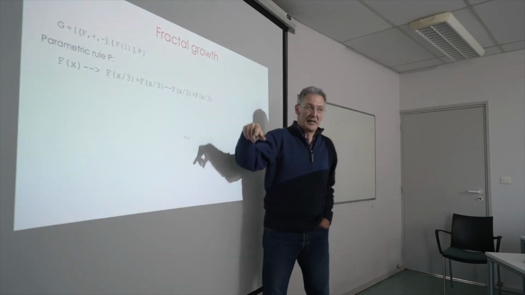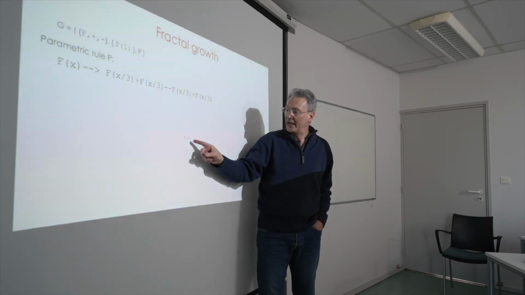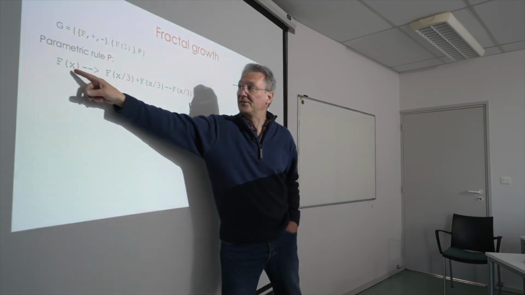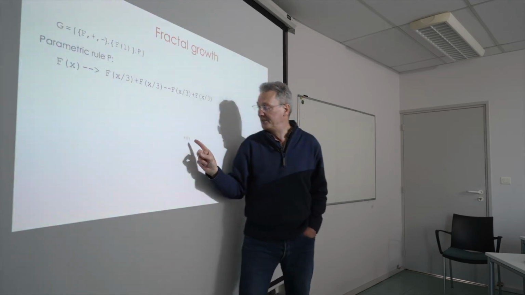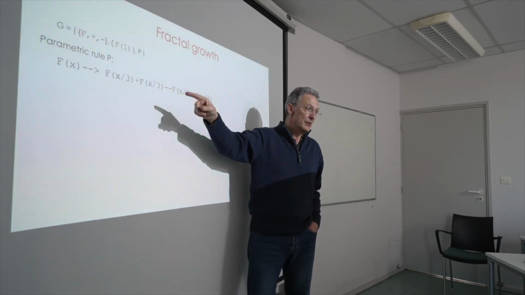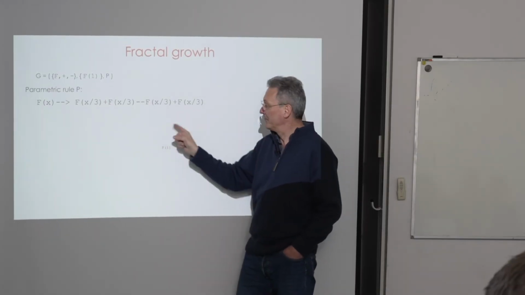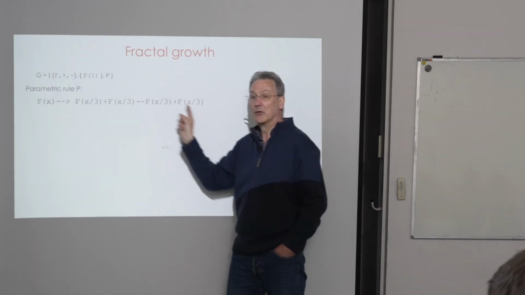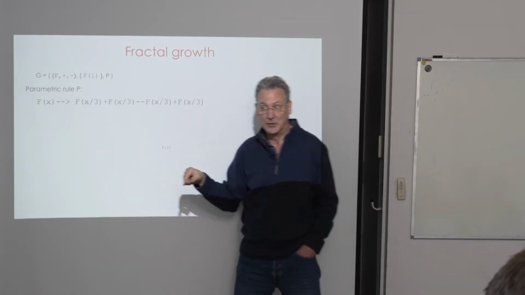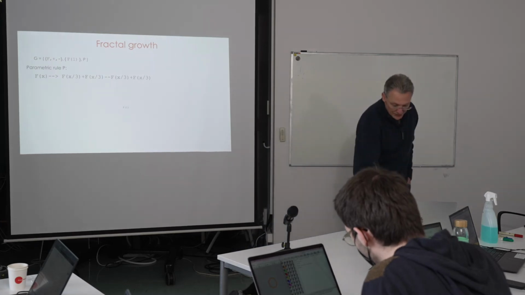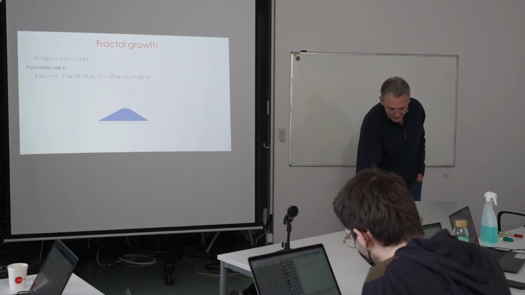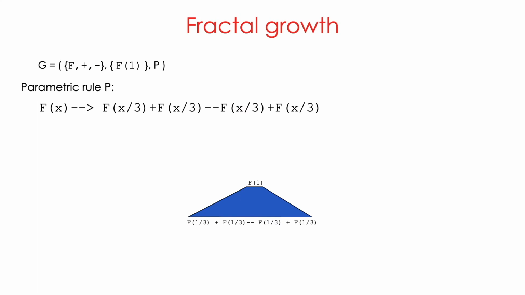I can match the left-hand side with this one, provided that I give the value 1 to x, which means that automatically when I replace f of 1 by the right-hand side, x will take the value of 1. And then in the derivation, you have the rewriting of the f of 1 that becomes f of 1/3, etc.